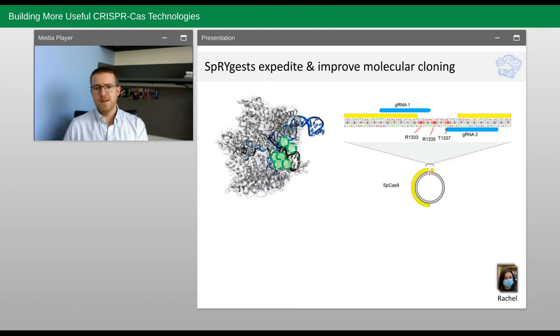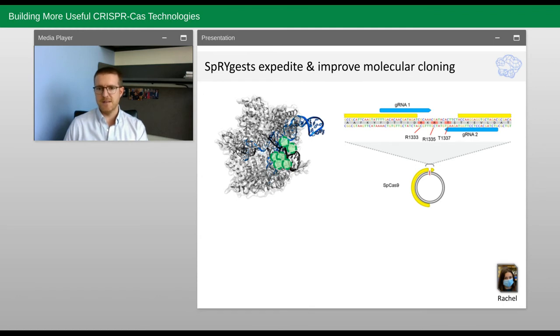One other example that I think is really exciting in our own work, and taking this full circle to our protein engineering, is how we can use SpRY protein to digest Cas9 anywhere that we want and build a library of Cas9 that's varied at any amino acid that we want. How you do this is you take 2 guide RNAs, program them with SpRY, and allow them to cut around the part of Cas9 that you're interested in mutating.